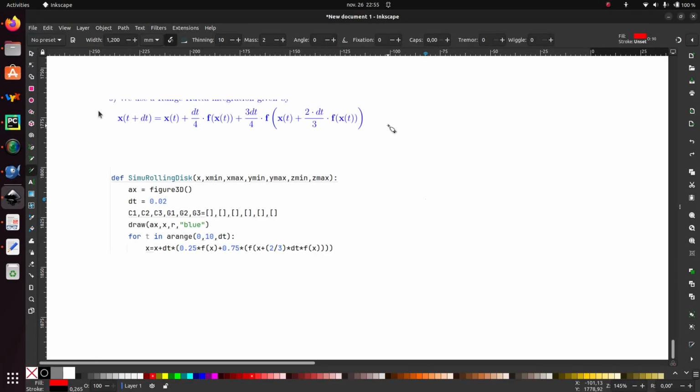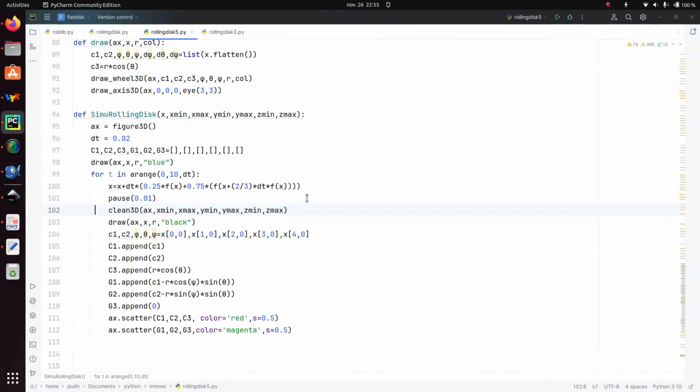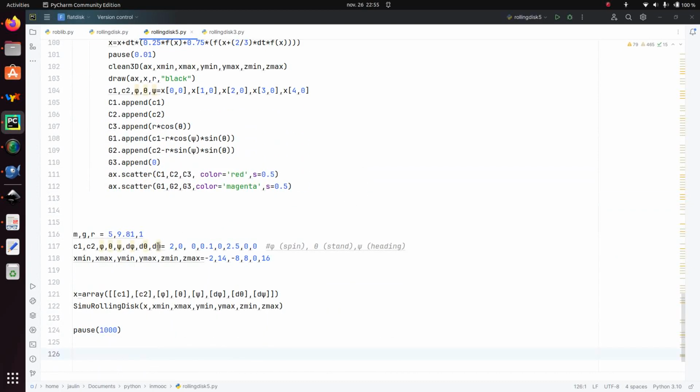Now for the simulation, I will take the state equation I have already obtained in this exercise, and I will use for the integration scheme the classical Runge-Kutta of order 2 method. So it is implemented here. Okay. So in my program, I initialize the state vector as given here, and I call the procedure simulate rolling disk.